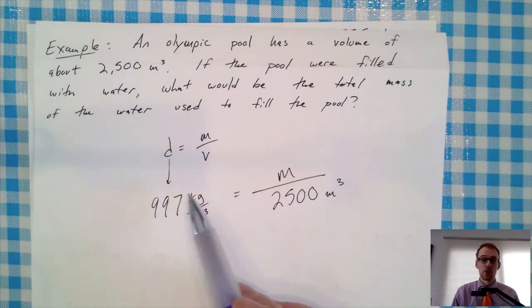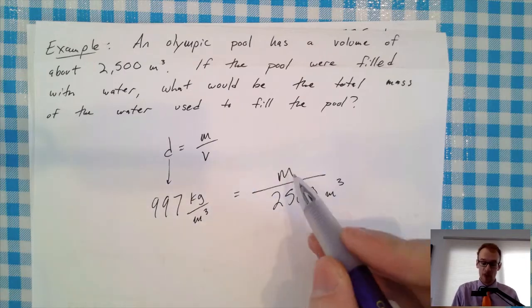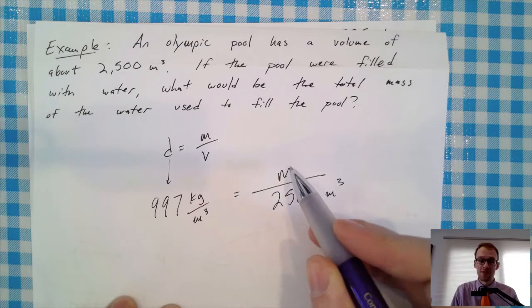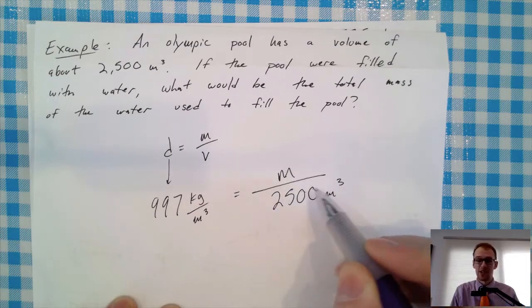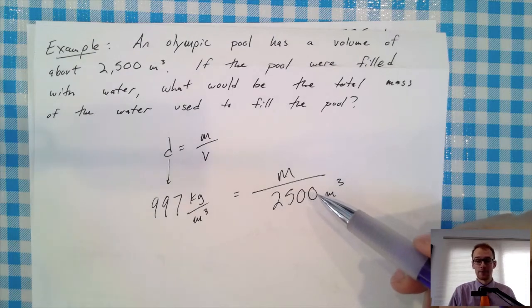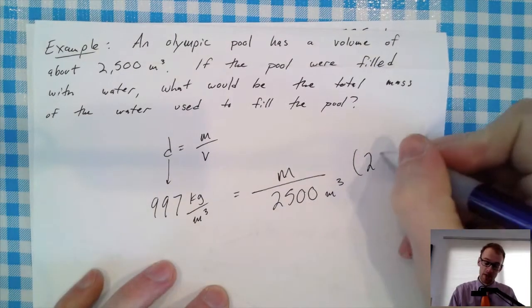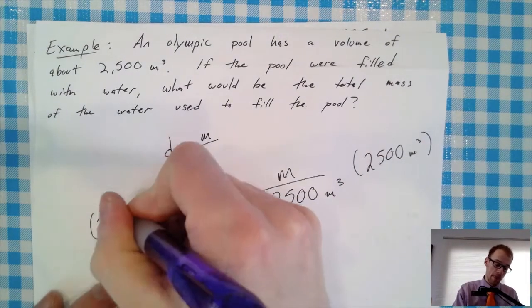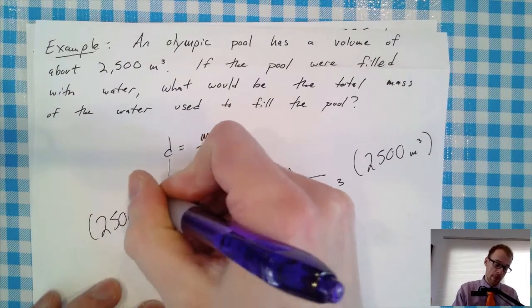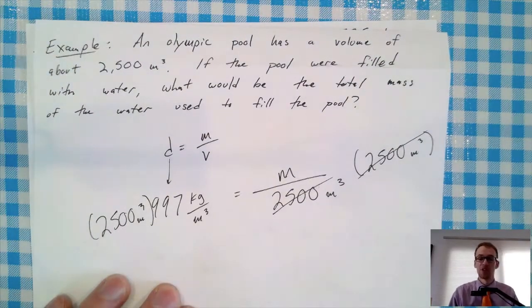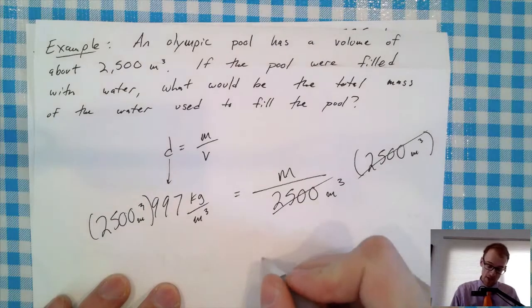So I've got an equation here. I need to solve for m. Let's get m by itself. M is dividing by 2,500. How do I cancel the 2,500? It's dividing, so I need to multiply. We'll multiply both sides by 2,500 meters cubed. Over here we have 2,500 divided by 2,500, that's 1, and 1 times m is m.